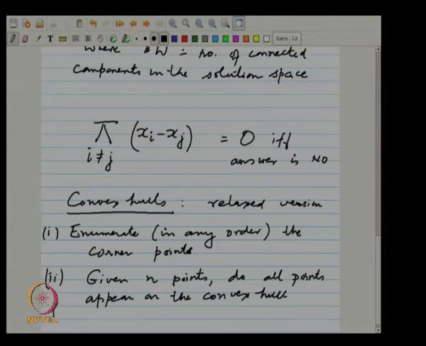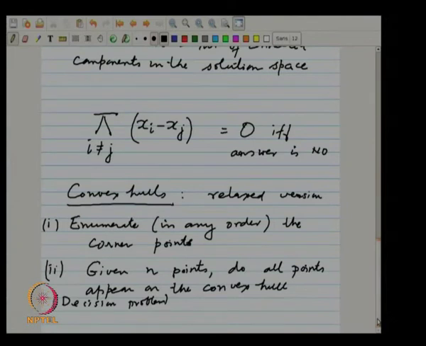This is certainly a decision version, right? A decision problem.